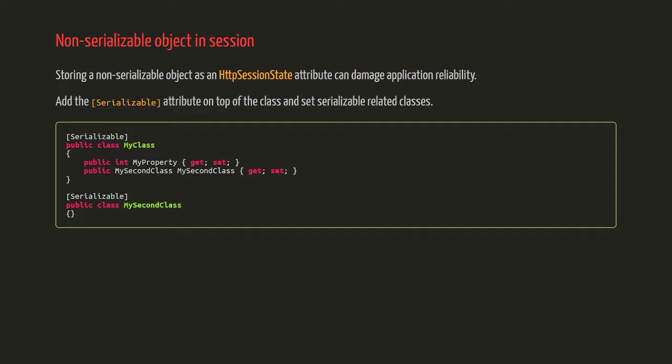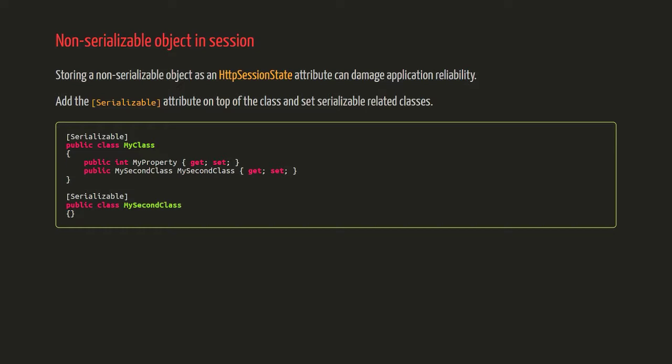We also said that all complex objects stored in a session need to be marked as serializable. Storing a non-serializable object as an HTTP session state attribute can damage application reliability. By default, ASP.NET servers store the HTTP session state object, its attributes, and also any objects they reference in memory.